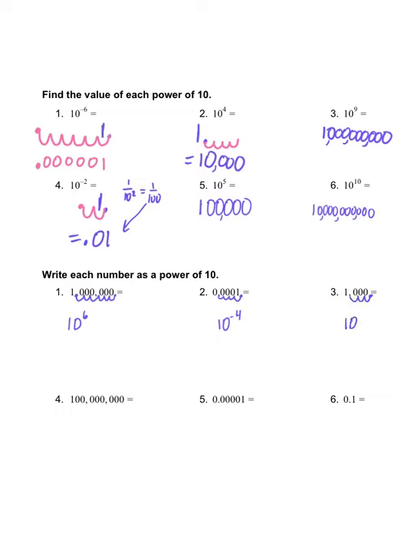So that would be 10 to the 3rd. 10 times 10 times 10. Right, number 4, 100 million, the decimal's at the end. So in order to turn that 100 million into a 1, I need to move the decimal 1, 2, 3, 4, 5, 6, 7, 8 spaces, or 8 tens places. So you would have 10 to the 8th.